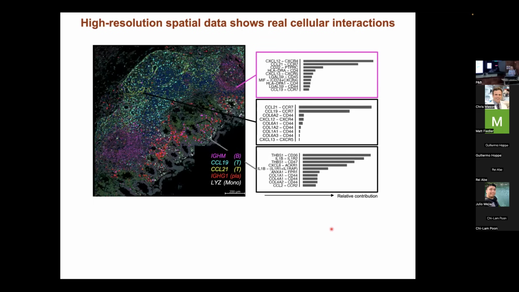Well, that's not true here anymore, because you could do that same predictive ligand receptor analysis, but then actually do the sanity check to see where these cells are in relation to each other and hone in on the different interactions that are actually real rather than the ones that are imputed.